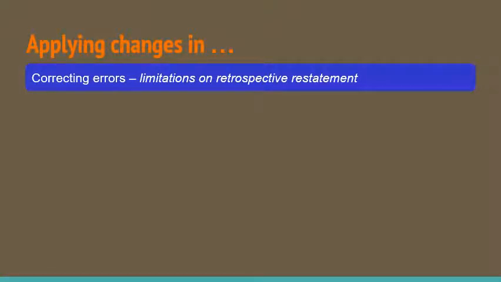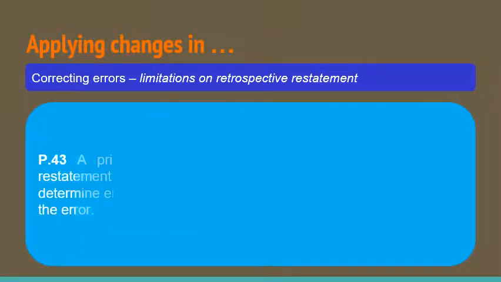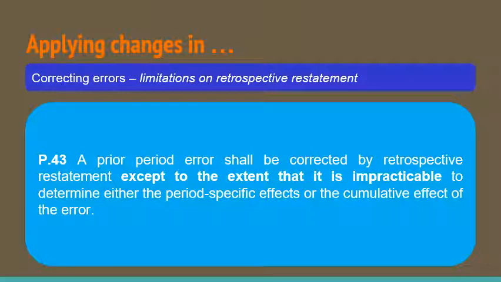The limitations for retrospective restatement are more or less the same as retrospective application. Paragraph 43 states that errors will be corrected using retrospective restatement to the extent that it is practicable to determine either the period-specific effects or the cumulative effects of the error.